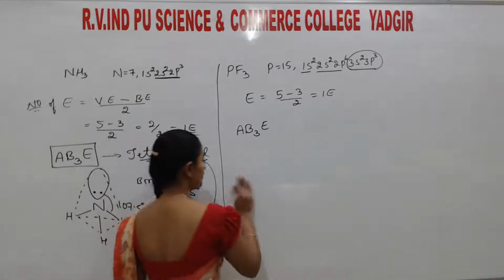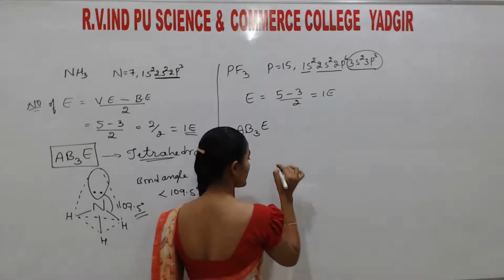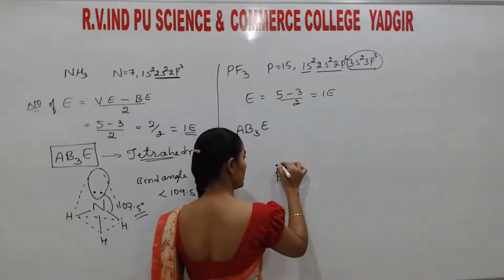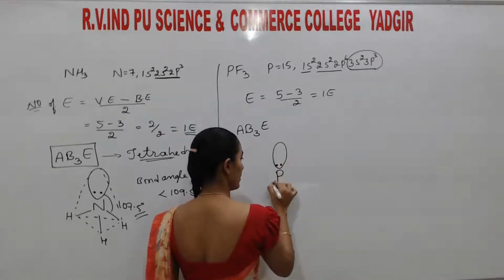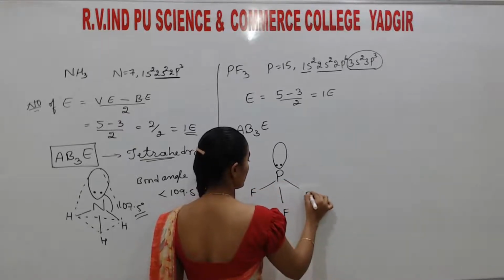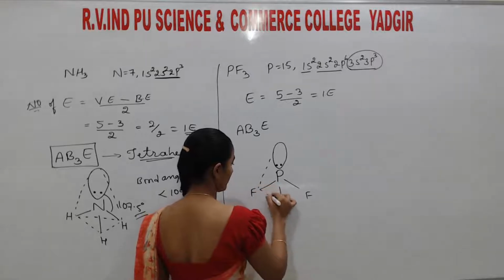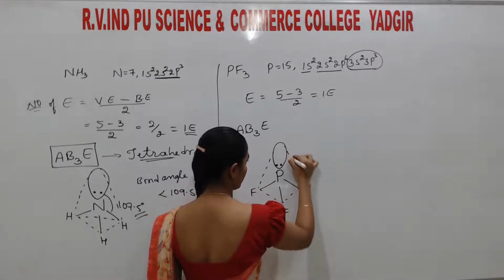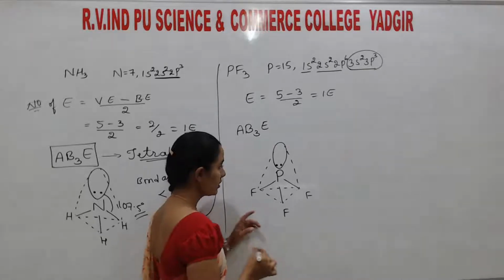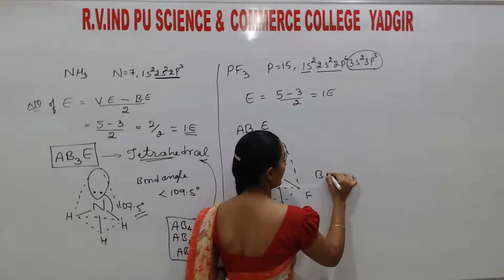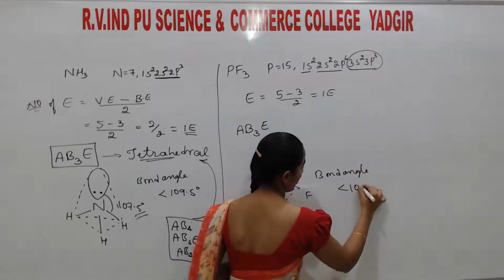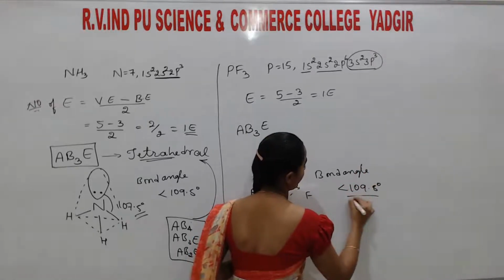Next, here we write phosphorus with a lone pair of electrons, and the remaining 3 are fluorine atoms. Are you getting it? Here also the bond angle is less than 109.5 degrees.